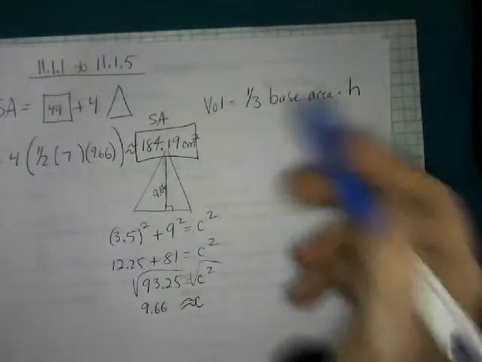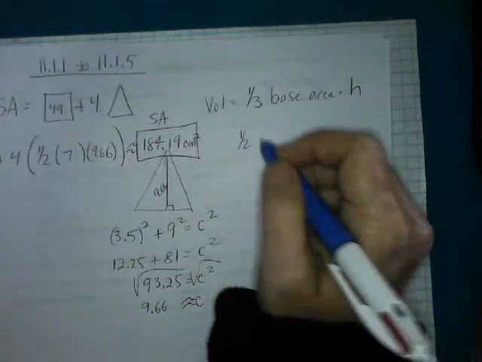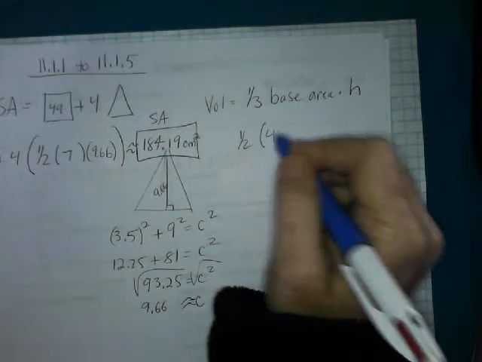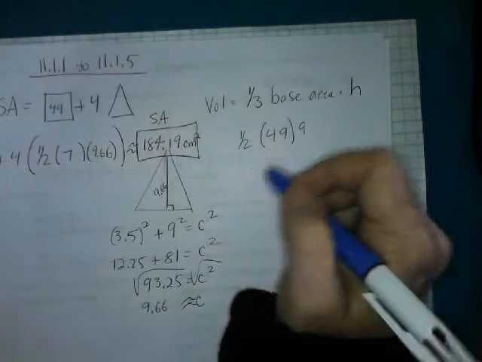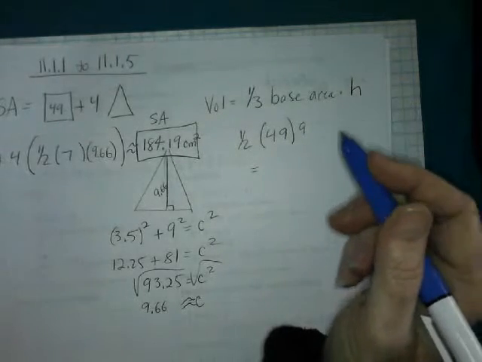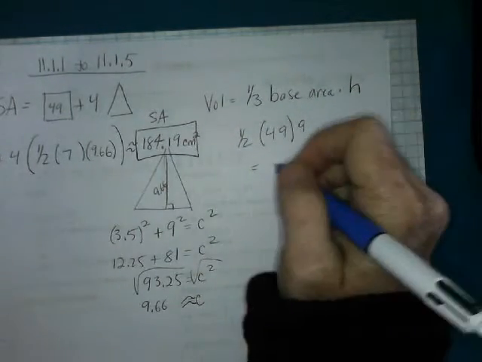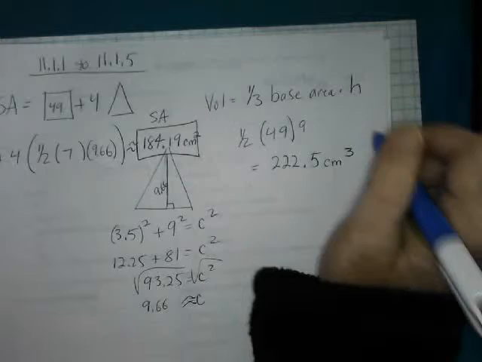Volume, I have a formula for it, and it's 1/2 times the base area. Well, the base area was 49, because we just figured out the area of that square. And then the height was 9, so that's going to be easy. I got about 220.5, so that's equal to 220.5 centimeters cubed.